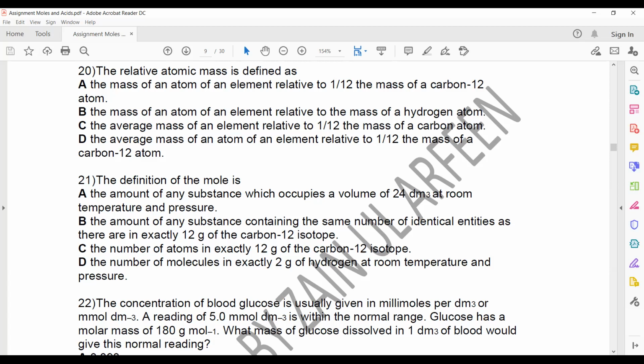Average mass of an element, as we discussed earlier, is the definition.